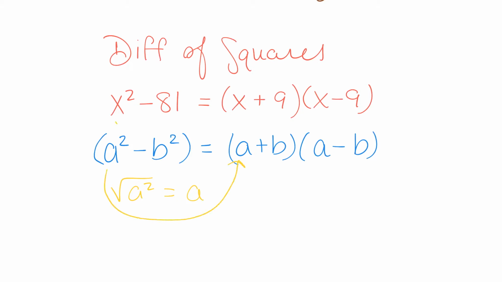So the square root of x squared was x, which is what you have here. And remember, you were taking the square root of 81, and the square root of 81 was 9. You can't take the square root of a negative. It's not a negative, it's a subtraction of an 81, that kind of thing.